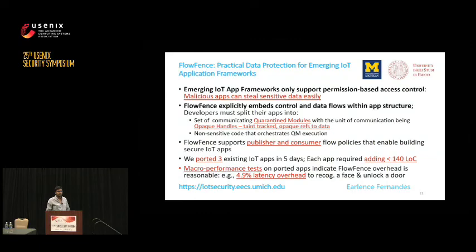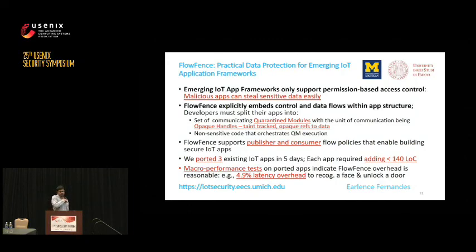So basically, in this approach, the developer of the application needs to embed these policies, right? So what happens if the developer does not want to put these flow policies inside and tries to leak some information?